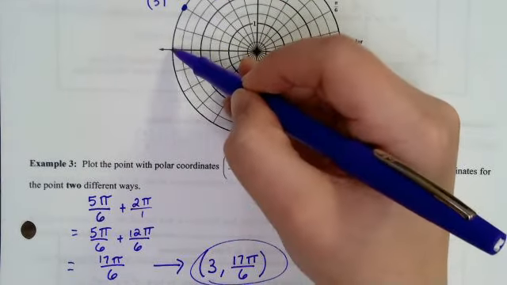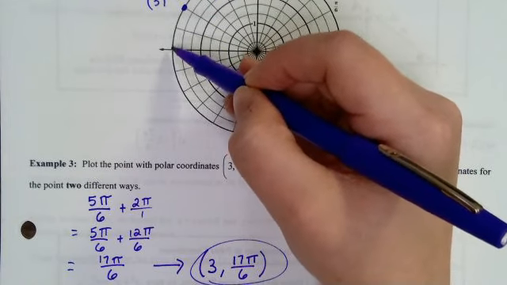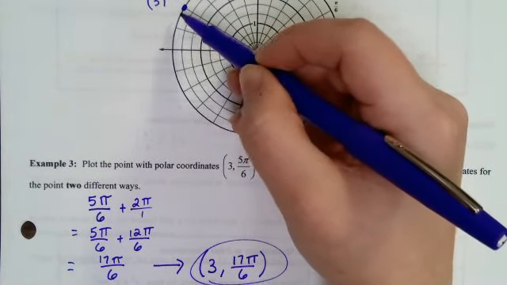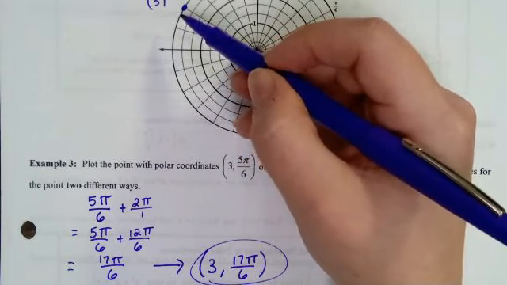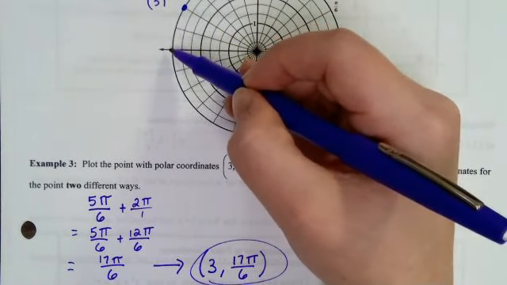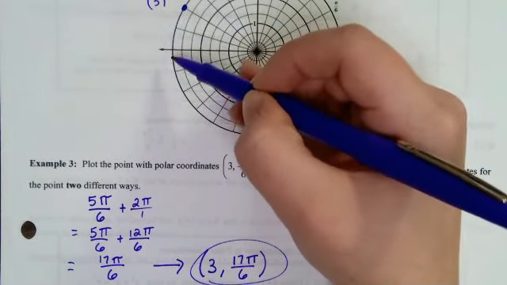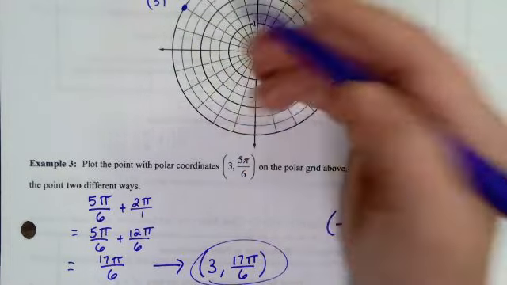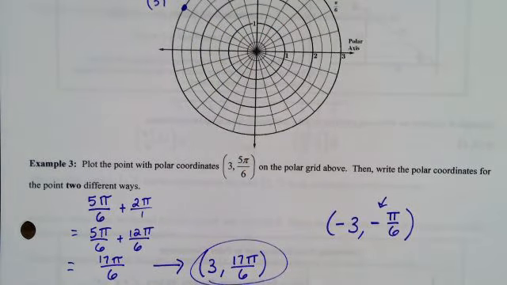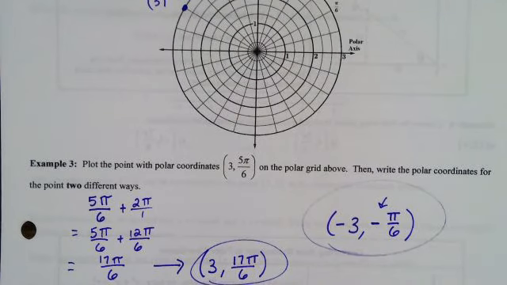Since I would be going to the negative 3 and then opening, oh no, that's not counterclockwise, I'm opening clockwise. Since it opens clockwise from there, that's a negative if I had a negative 3 in the front. Again, there are infinite ways to do it, but that, in a nutshell, is polar coordinate graphing.